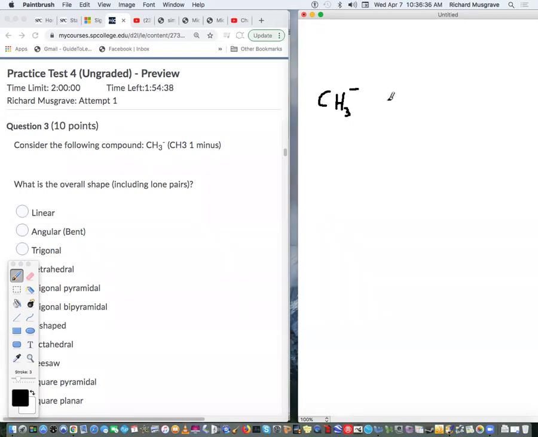And that would be CH3 minus, which would be 4 plus 3 for the hydrogens, and then plus 1 for the negative charge, right? So we always add 1 for each negative charge. We subtract 1 for each positive charge. That would be a total of 8 valence electrons.